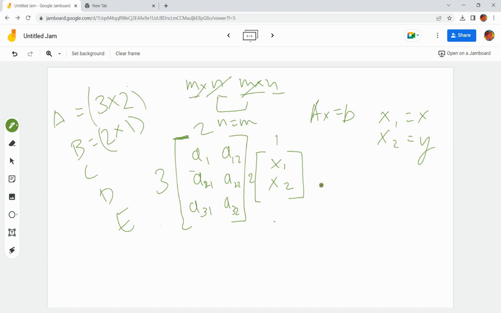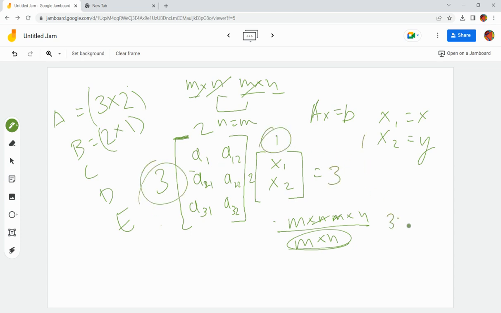But the trick to use is that the inner ones must match, and you get the outer, and then you make a new matrix because of that. And now we know that this and this will create a 3 by 1 matrix over here, which is considered b.